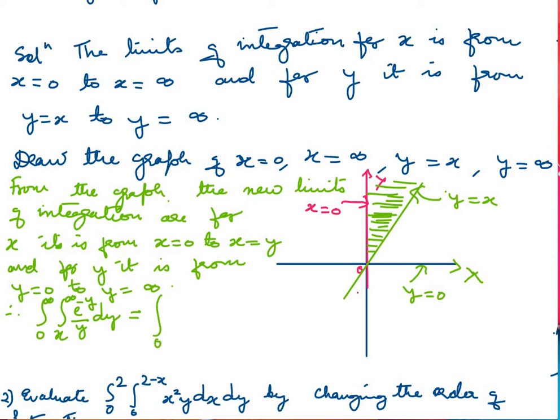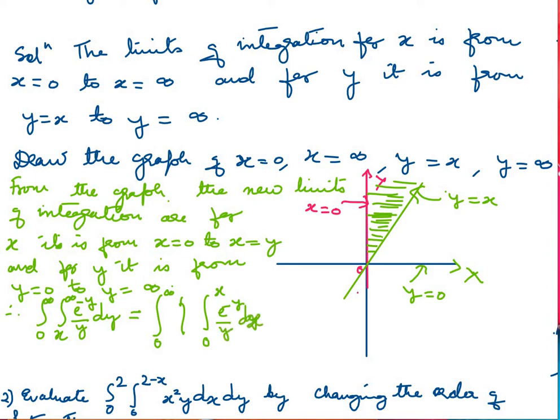So we have to write first the limits of integration for y, then the limits of integration for x, from 0 to y. So this will be e to the power minus y by y, dx dy.